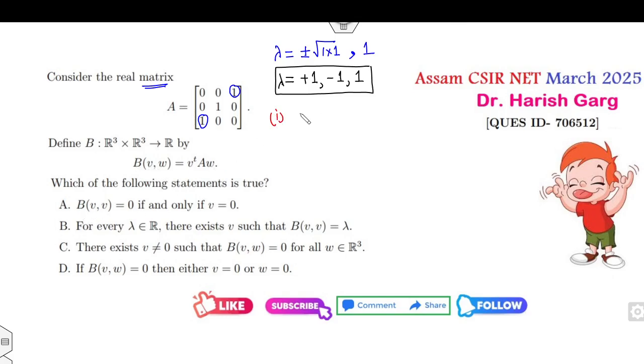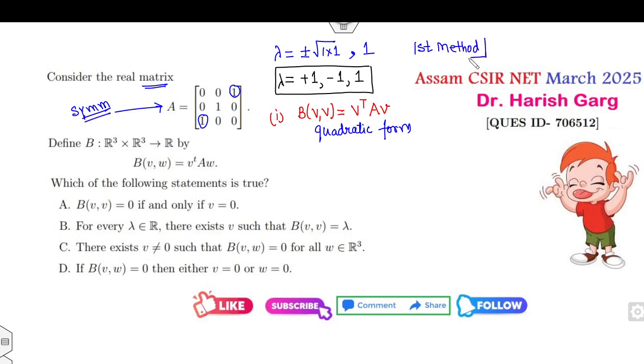Now your target is to find the B of this. So let's start with the first part. What is the value of B of V, V? That is V transpose A V. What does it mean? This is my quadratic form. Moreover, the matrix A is a symmetric matrix. So I will solve this question by two methods. The first method is with the help of eigenvalues. It's a quadratic form and the matrix A is symmetric.